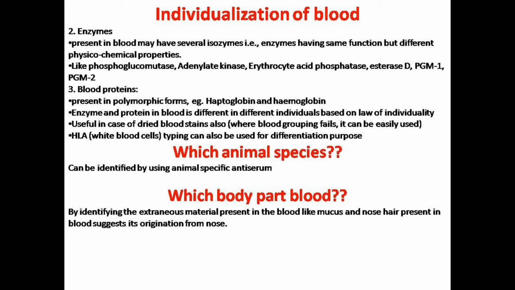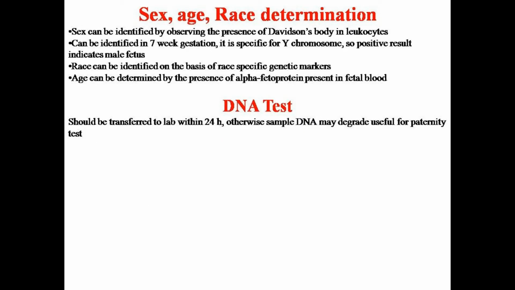Then there is the white blood cell antigen system also, which can be used for differentiation purposes. It can also be used for the determination of sex, race and age. For sex determination, there is a Davidson body present in the leukocytes which can be detected at 7 weeks of gestation.